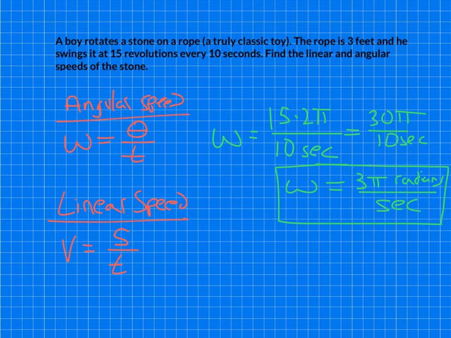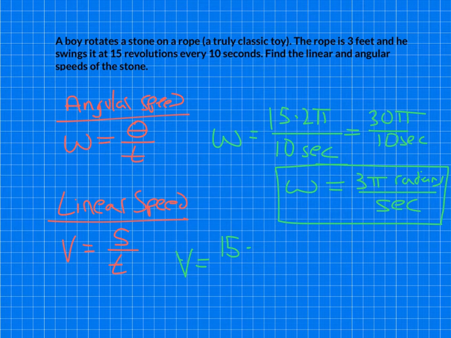Now, to find the linear velocity, or the linear speed, I have to figure out the distance traveled. I'm not talking about the angle being covered, I'm talking about the actual distance that it's traveled. So my linear speed is going to be s over t. What is the circumference of this circle? Because I know it's going to go 15 times around.